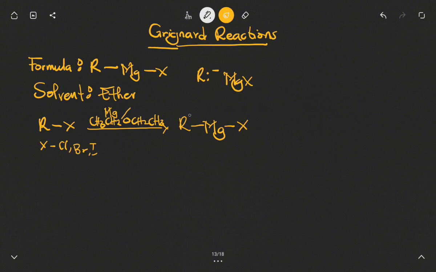So it's going to behave more like a carbanion. This side is becoming partially positive and the alkyl group bears the partially negative charge. Once the carbon becomes partially negative, it also becomes more reactive. So what we have here is a Grignard reagent, which is also known as organomagnesium halide.